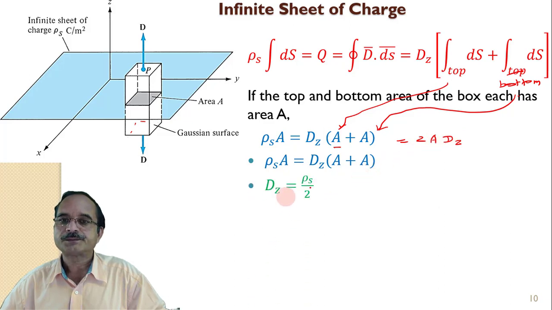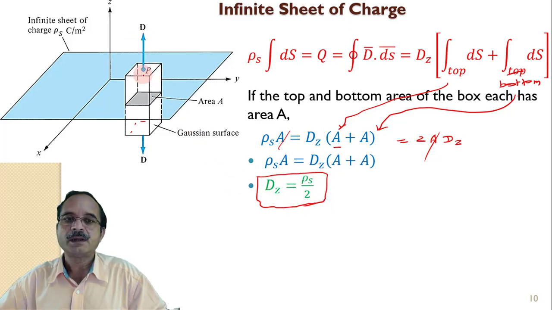Now this A will cancel, and this gives me Dz equal to rho s upon 2. So the z component of electric flux density is rho s upon 2.